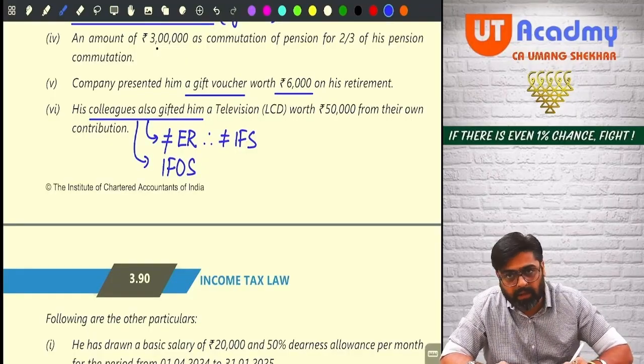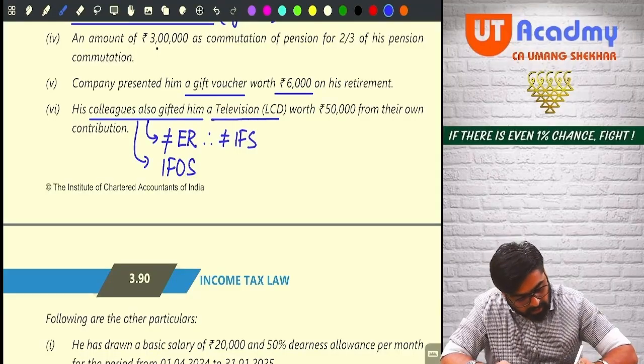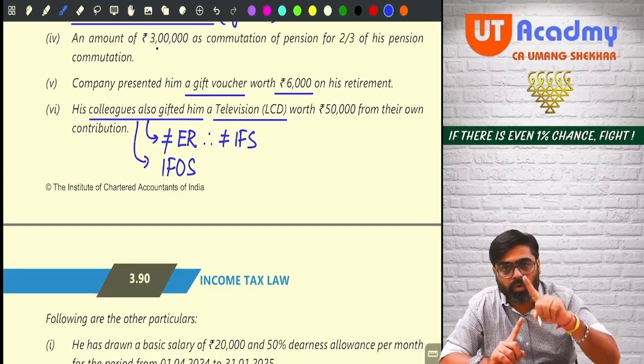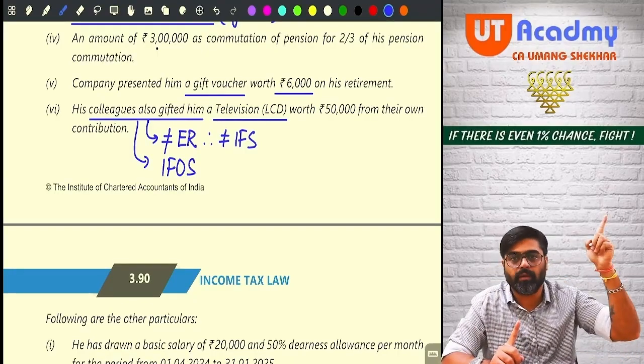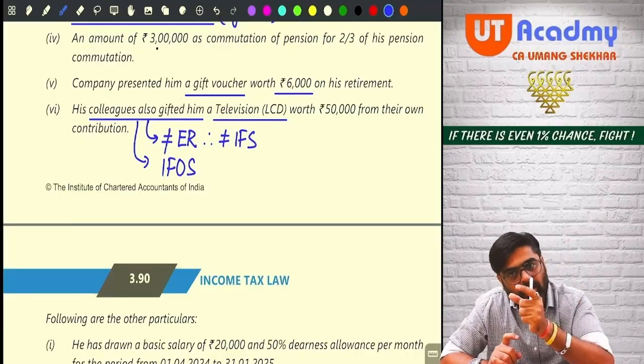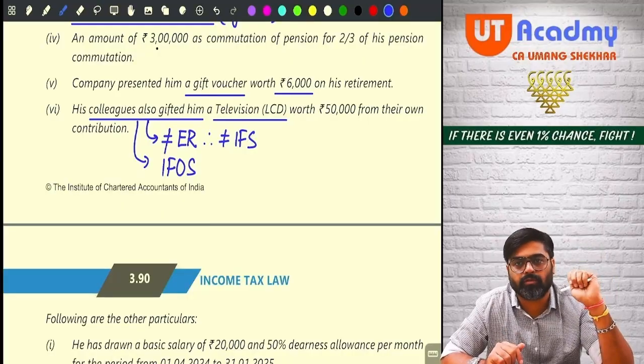And under the head income from other sources, it will be taxable if it is a gift of a specified movable asset. By the way, you don't know this right now. You will come to know in the IFOS chapter that only a few movable assets you receive as gift will be taxable under the head IFOS.